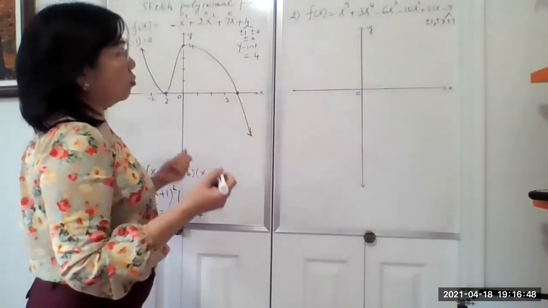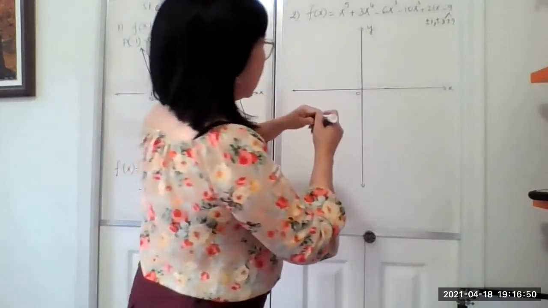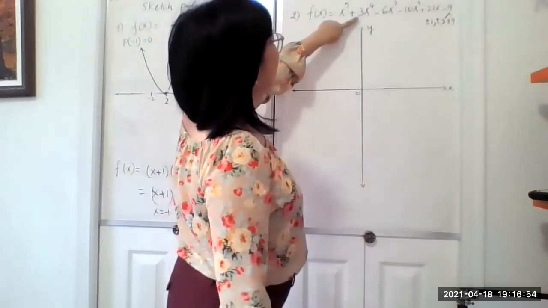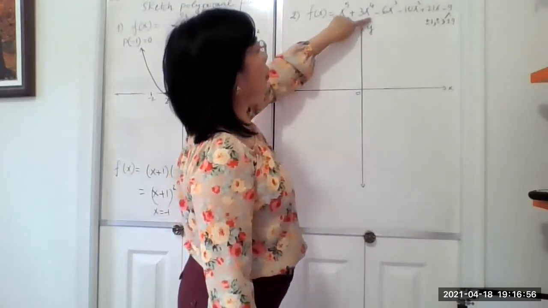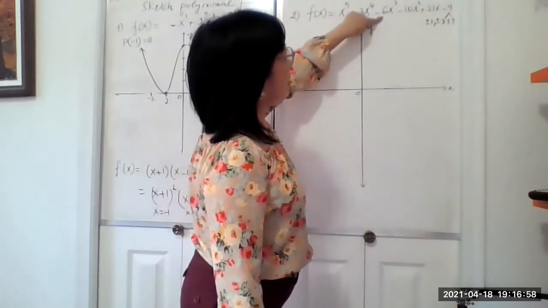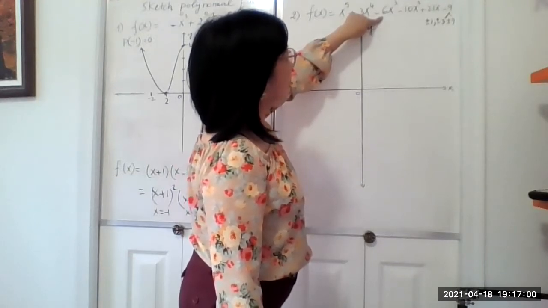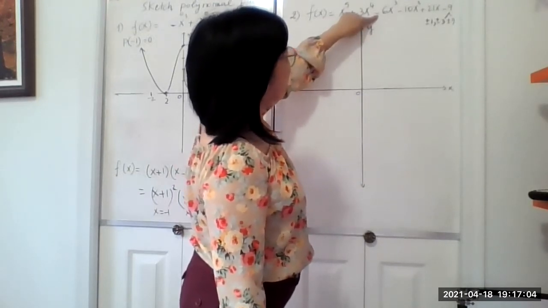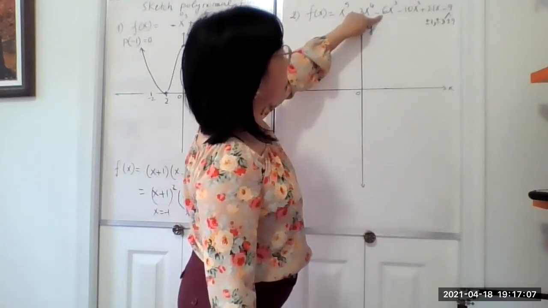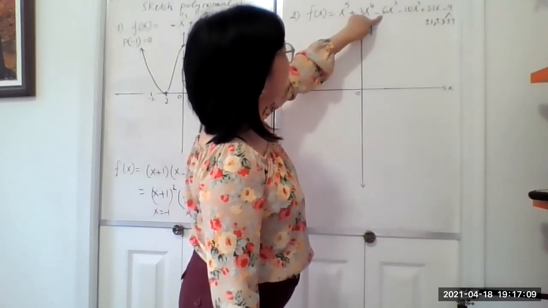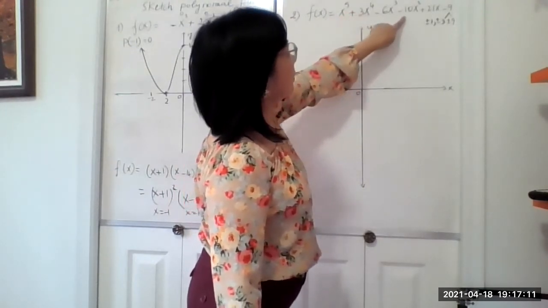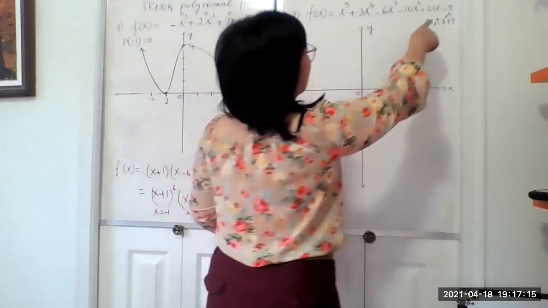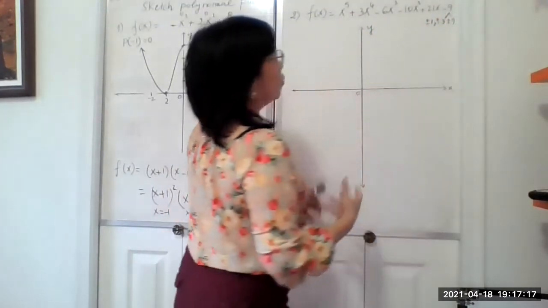So if we try positive 1, does it work? 1 plus 3 is 4. If we put 1 in here, it's positive 1, so that would be negative 6. Negative 6 with 10 is negative 16. Negative 16 with 9 is negative 25.